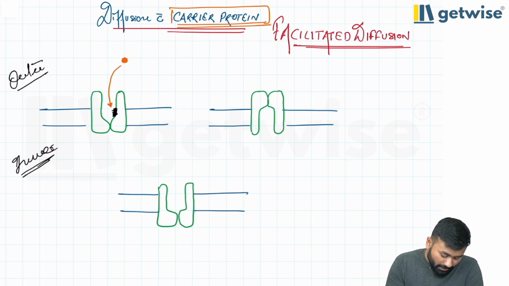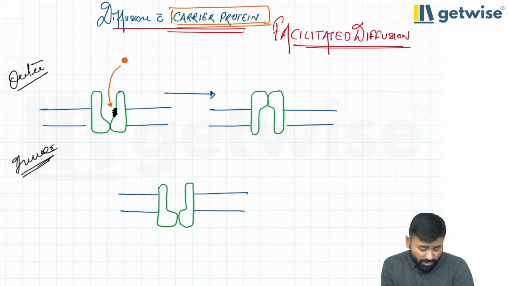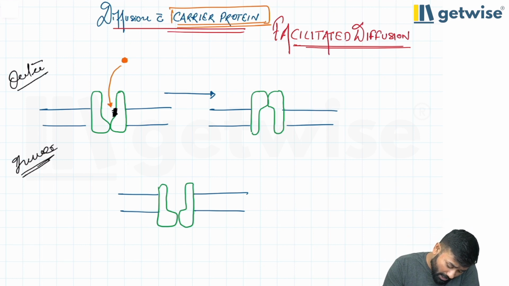As soon as the molecule binds to the receptor site, there will be a conformational change in the carrier protein, and now the carrier protein will look like this. This is the molecule that is bound to the carrier protein.